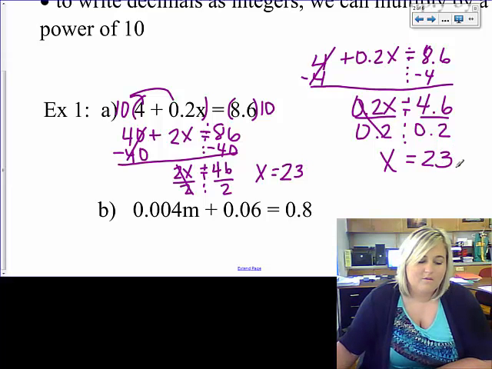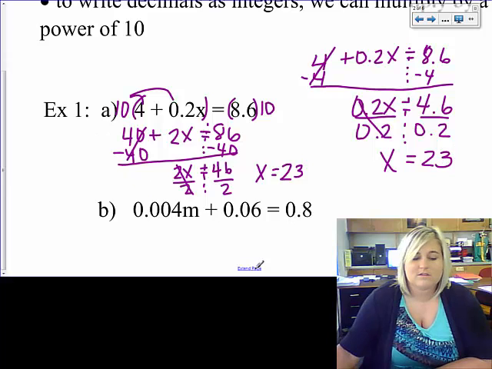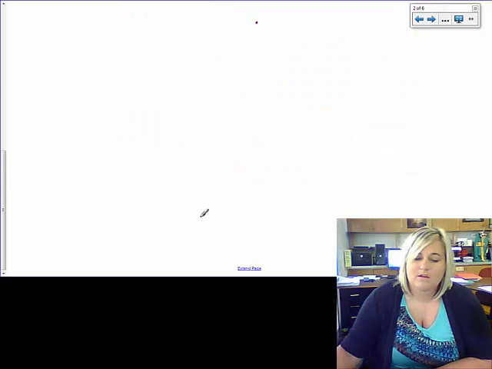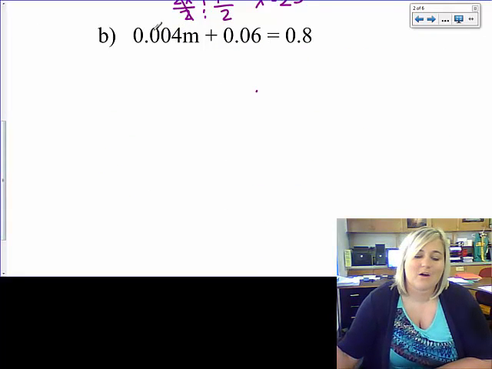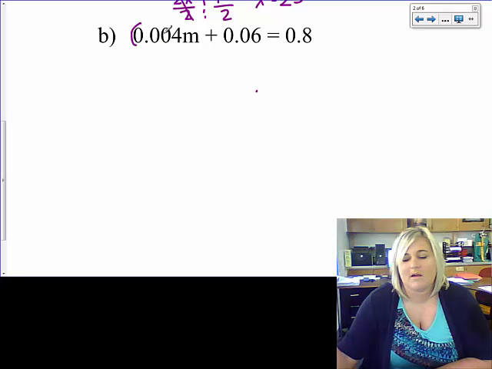On B, to convert the coefficient with m, which is 4 here, I have tenths, hundredths, thousandths, so it's 4 thousandths, which means I have to multiply by 1,000 on both sides to convert this one. So I'm going to multiply by 1,000 here.